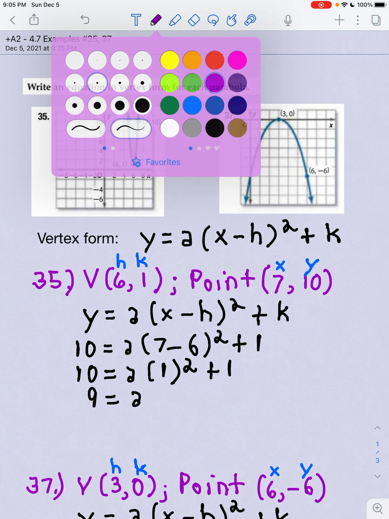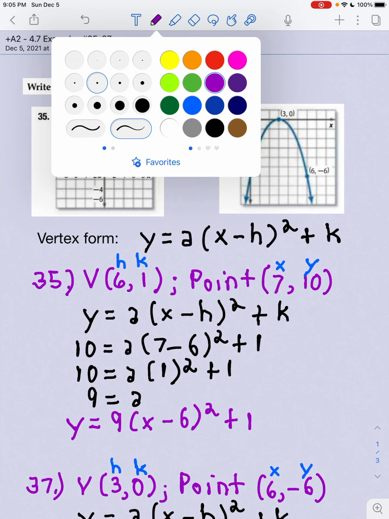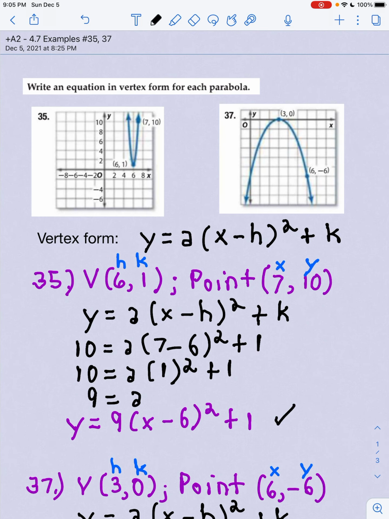So that means to write the equation of my parabola, my quadratic function in vertex form, I now have a, and I always knew the vertex, so my equation is going to be y equals 9 times the quantity x minus 6, the value of the x-coordinate of my vertex, plus 1. And now I have finished. I have found the equation of my parabola and written it in vertex form.